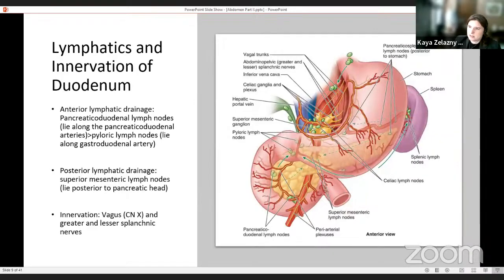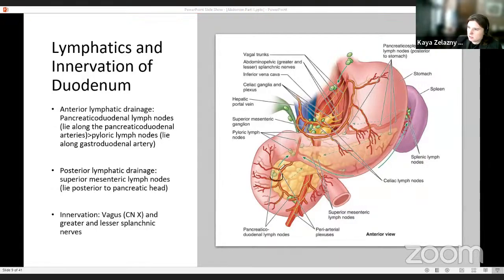Okay. In terms of lymphatics, your anterior lymphatic drainage is going to go to the pancreaticoduodenal lymph nodes, which lie along the pancreaticoduodenal arteries. And then they're going to travel back to the pyloric lymph nodes, which lie along the gastroduodenal artery. So essentially, we're going back towards our stomach, is what we see happening here.